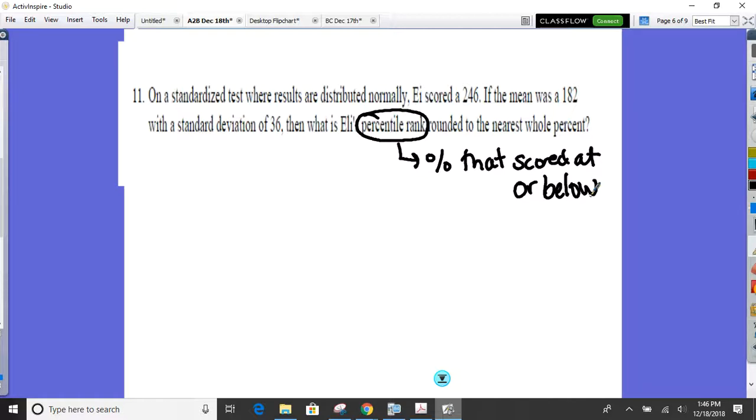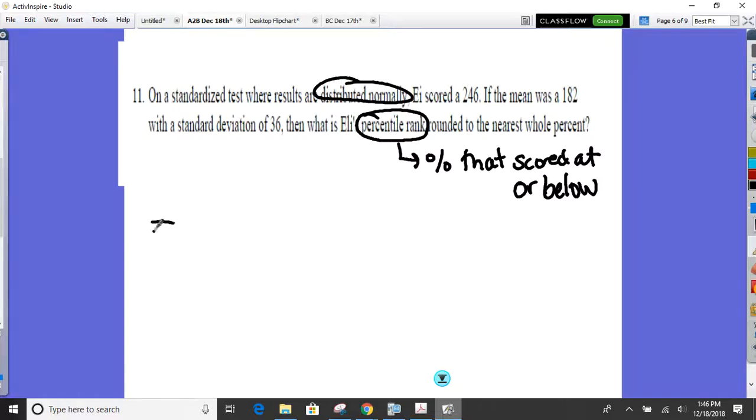Okay. Can you help me find the percent of people that scored at or below Eli's score? What do you know about these scores? Distributed normally. And I'm trying to find a percent here. Where should I be going? If normally distributed, trying to find a percent that scored at or below his. Normal CDF.